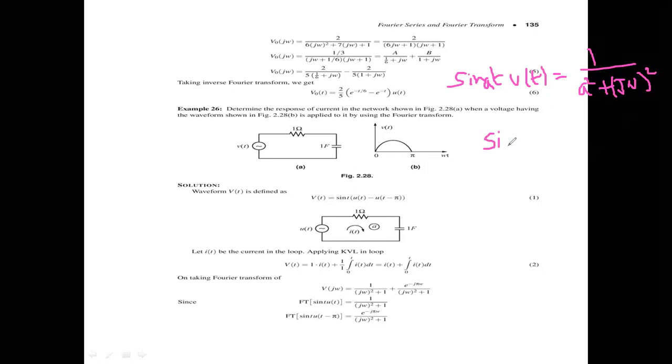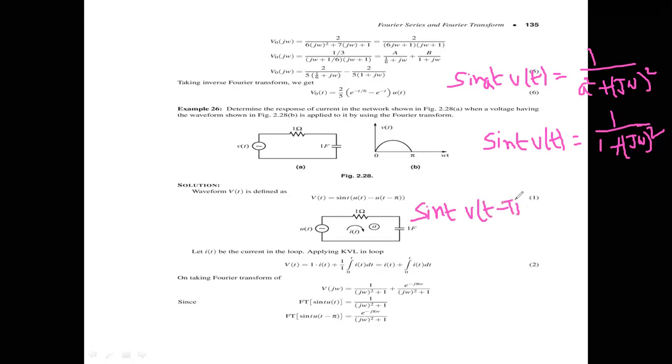So sine t mu of t becomes 1 by (1 plus j omega) whole square. Understood, my dear friends? Directly you can write it, and it is shifted by pi samples, so it is multiplied with sine t mu of t minus pi. Shifted means e power minus j omega pi into the same thing, 1 by (1 plus j omega) whole square.